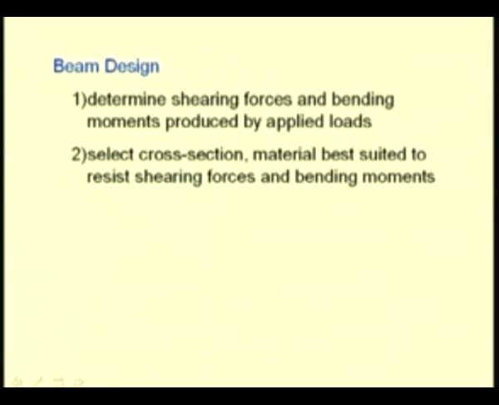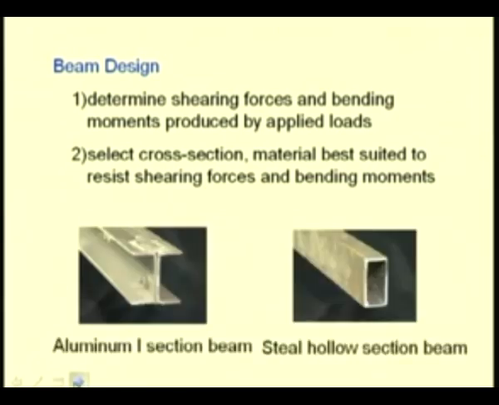Once we have determined these internal forces, we design the beam cross section and select the beam material which can resist these forces under the applied load. Here you see some examples: an I section beam made of aluminum, a hollow section beam where the material could be steel, or these wooden beams which are solid.